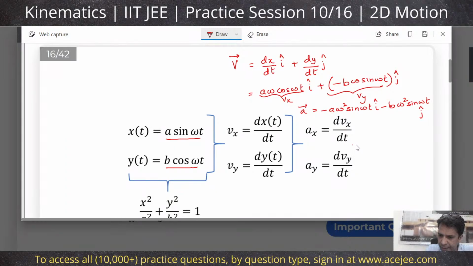I can write this as, I'll take minus omega square out, a sine omega t i cap plus b cos omega t j cap. Any observations about the acceleration? Any comments, Peter? So you wrote sine instead of cos. Now looking at the expression for acceleration, comments here.